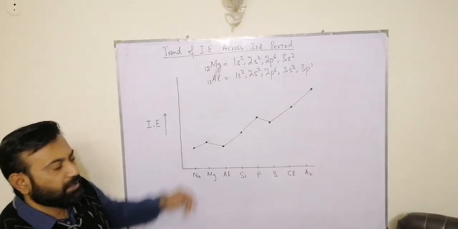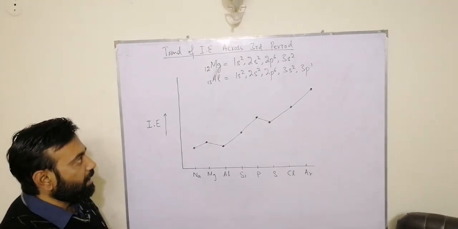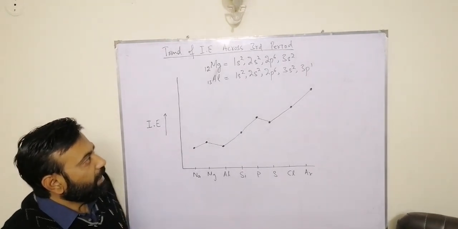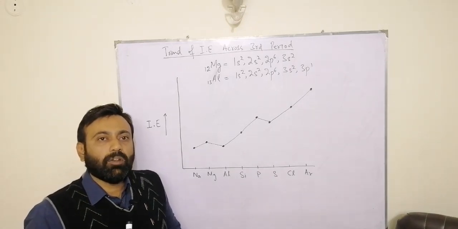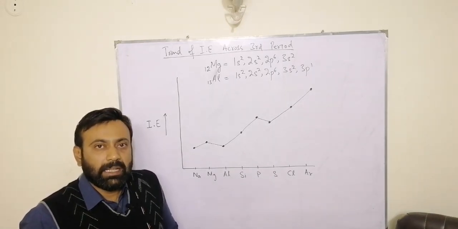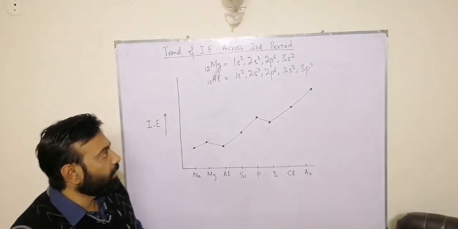Let us compare these electronic configurations, and we have to look into the minor factors. The first minor factor is the presence of an extra electron pair in the outermost shell. Is that applicable for this or not? Let us take a look.